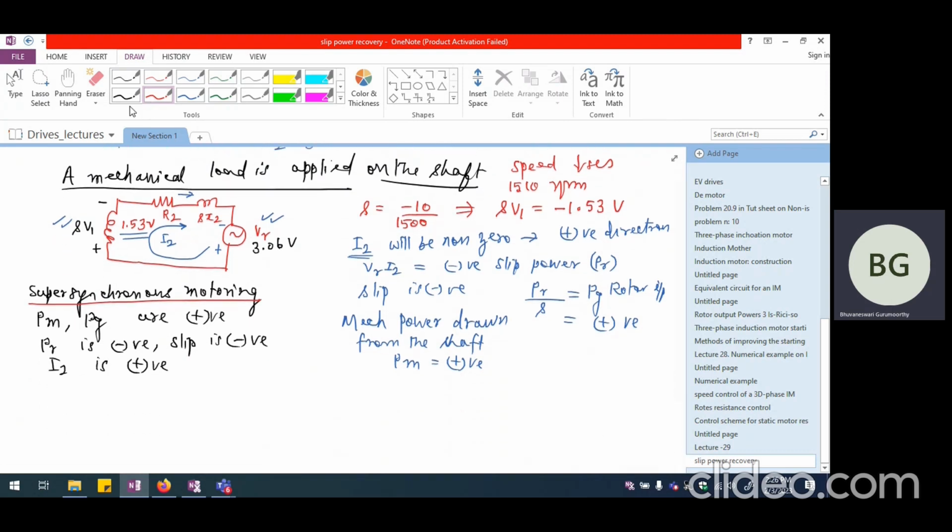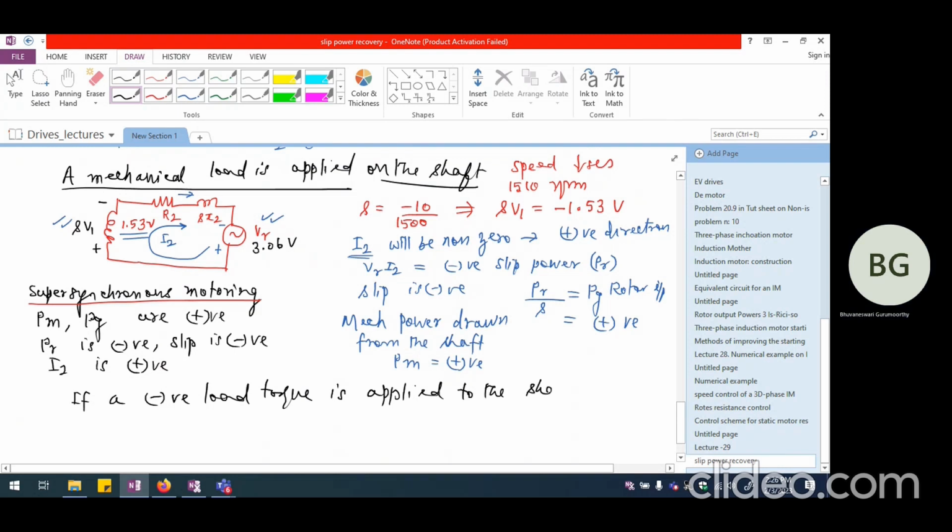That's what it means. On the other hand, if we are going to apply a negative load torque to the shaft.